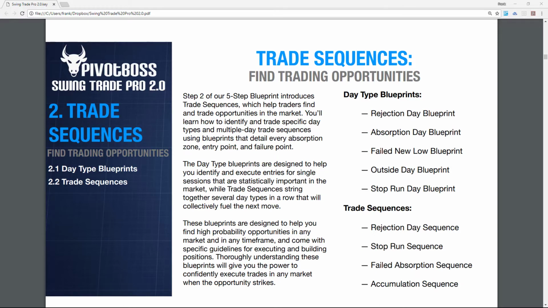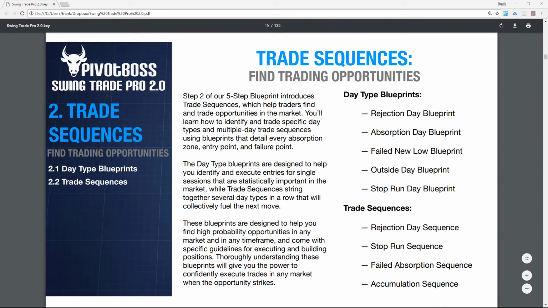These blueprints are designed to help you find high probability opportunities in any market and in any time frame, and come with specific guidelines for executing and building positions. Thoroughly understanding these blueprints will give you the power to confidently execute trades in any market when the opportunity strikes.